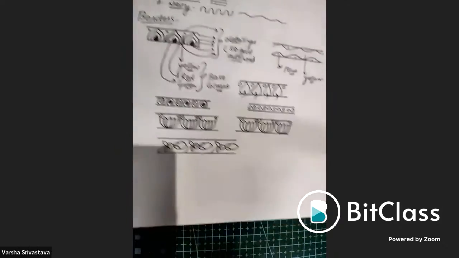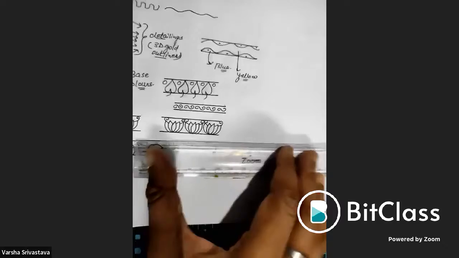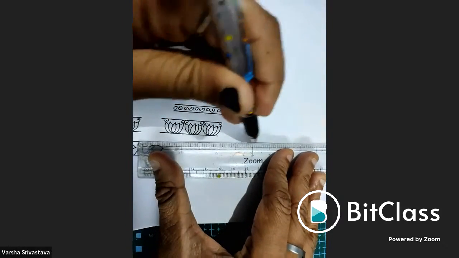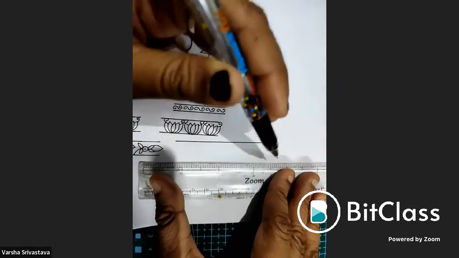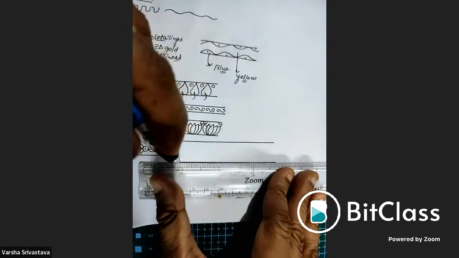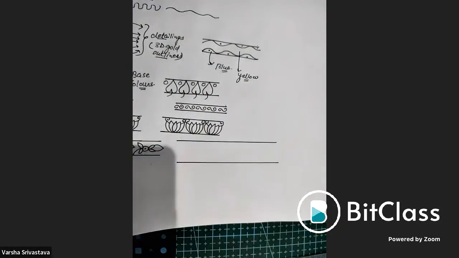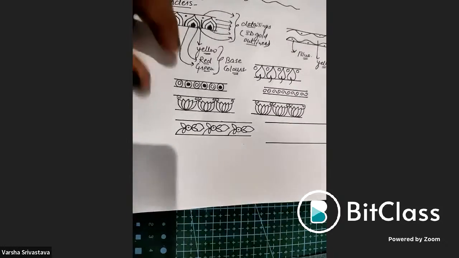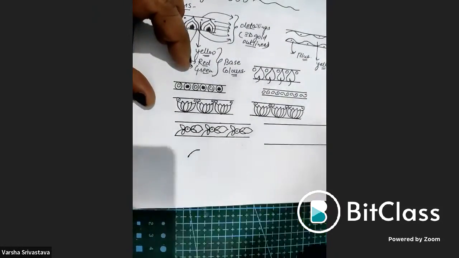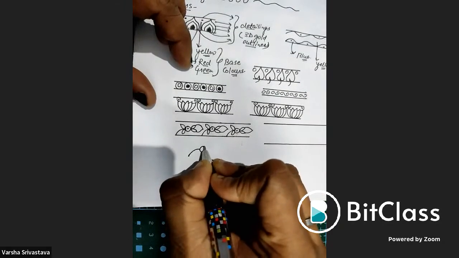Okay. Now I'm going to make one broad border. So you can make it around 1.5 centimeters. Can you show please once again? Yeah, definitely I can show. I'm making it right here. I made a curve like this. Then I made a hollow circle.